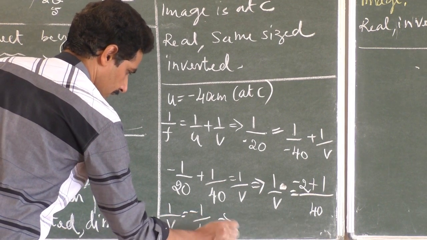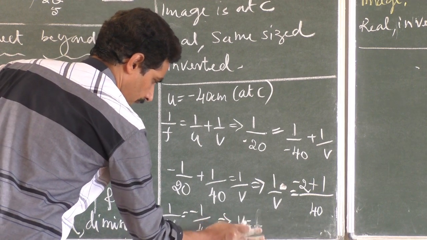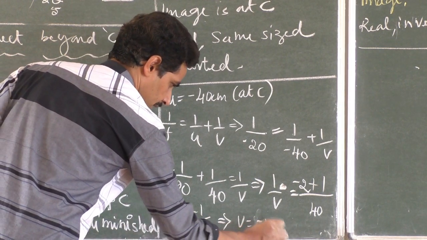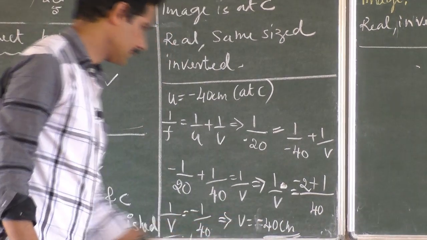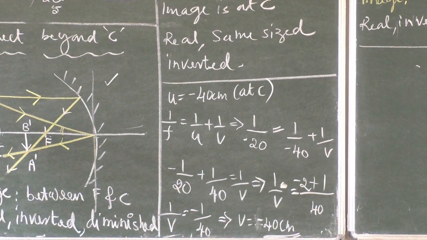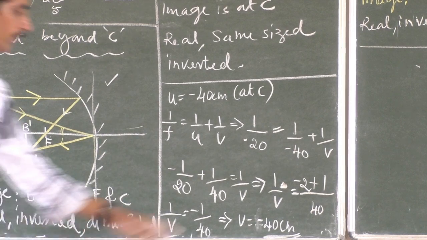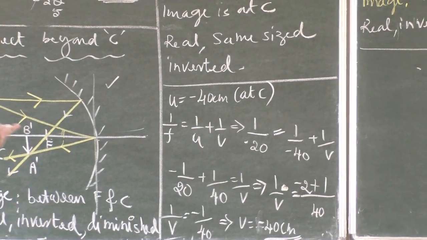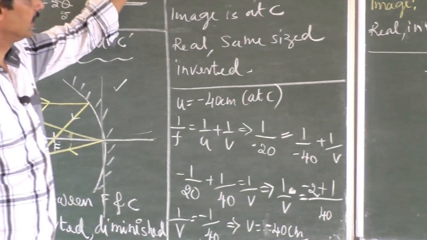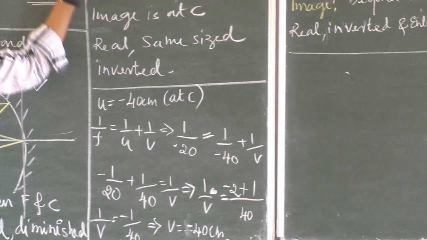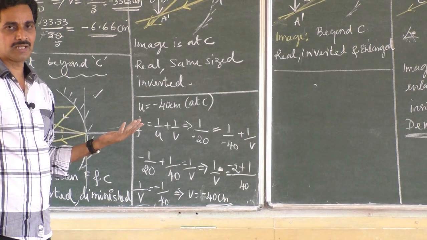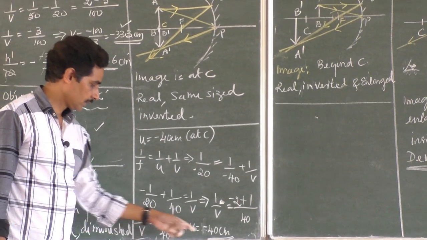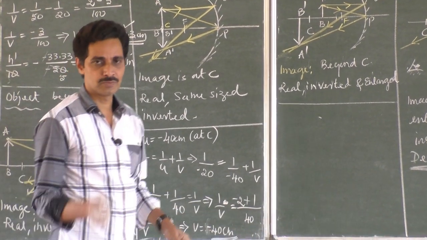That implies V is equal to minus 40 centimeters. So you know the meaning of each sign here. Minus, on the same side, left hand side. 40, same as object distance, same sized here. And if you calculate magnification, definitely you will get 1, because 40 by 40 is 1.